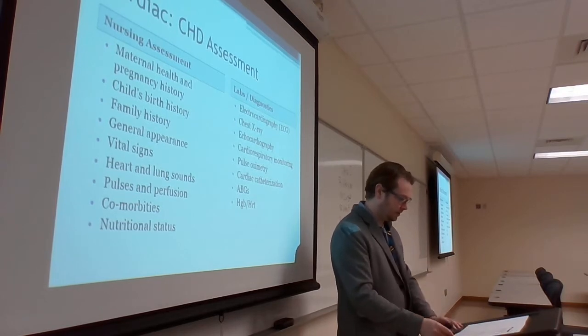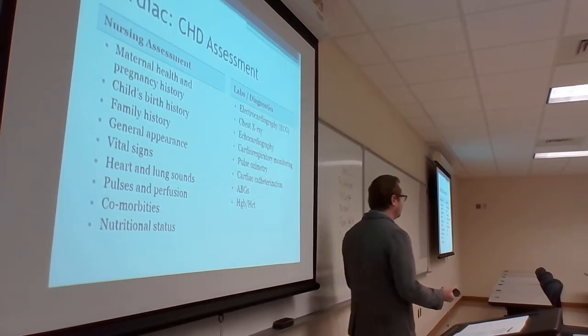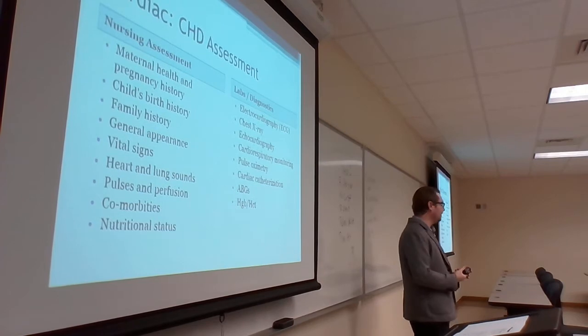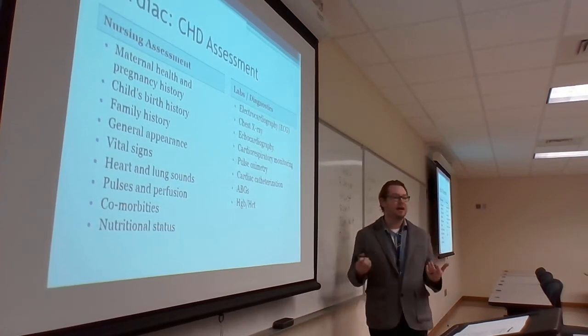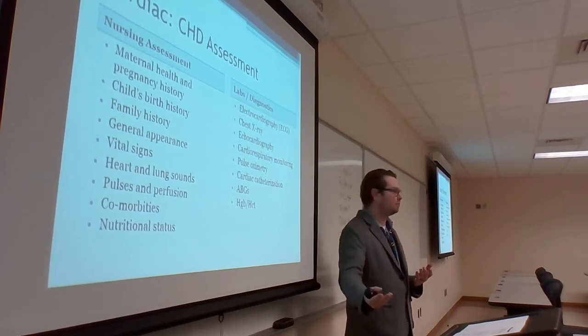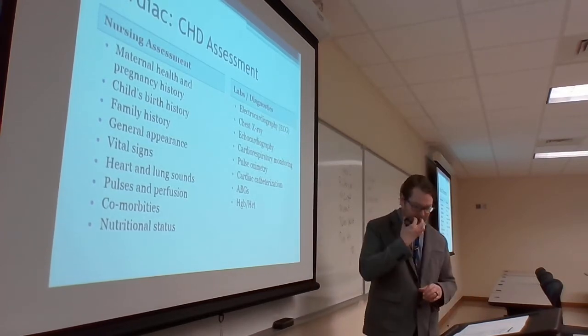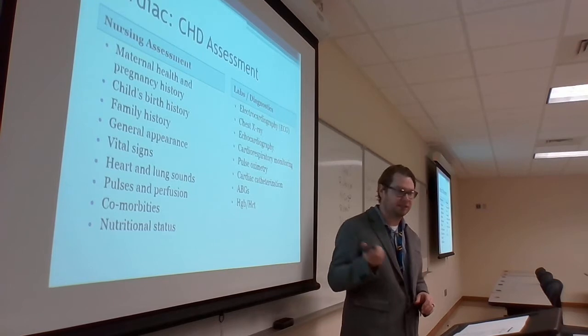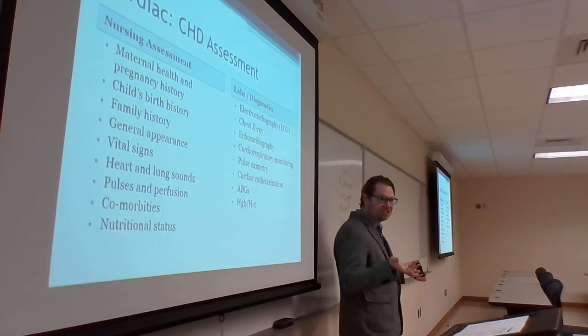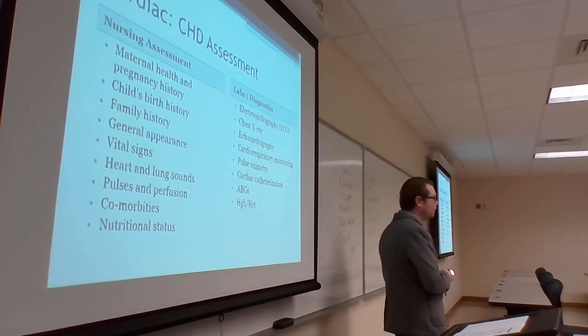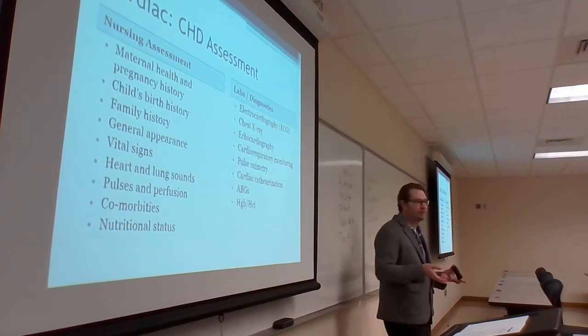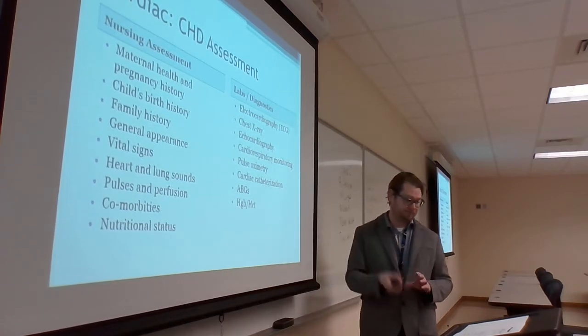All right. Family history. Of course, we want to know if other kids in the family have had congenital heart defects. If there are other family members with CHDs, then the risk for this child goes up. General appearance, level of consciousness, color, everything that we talked about regarding general appearance for perfusion would apply here.